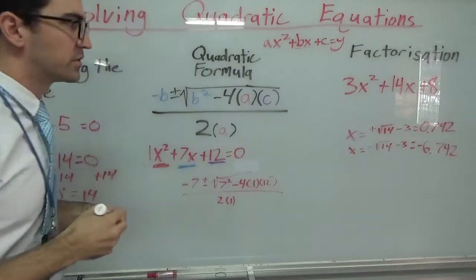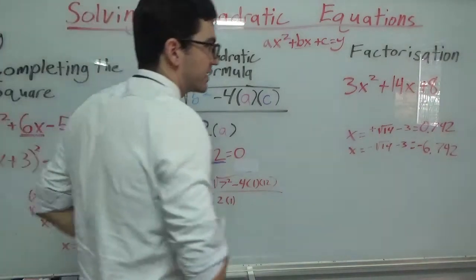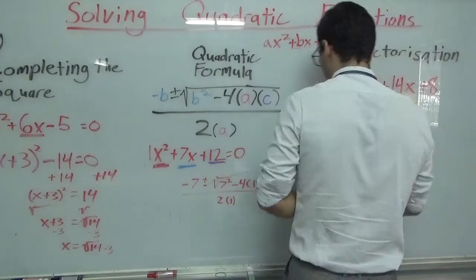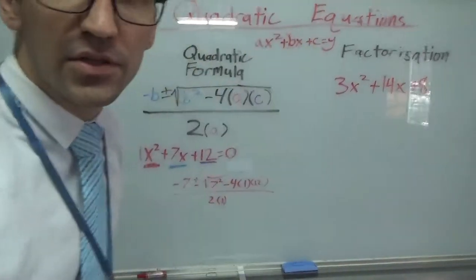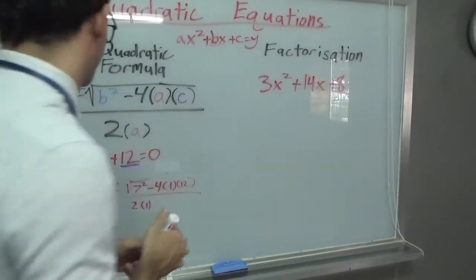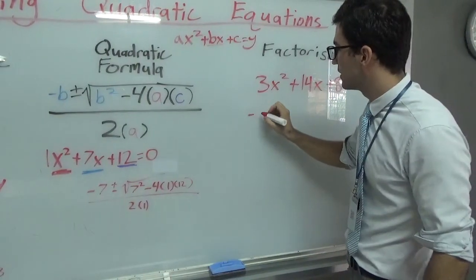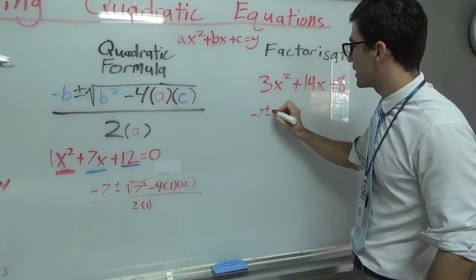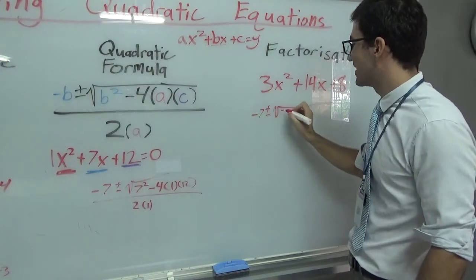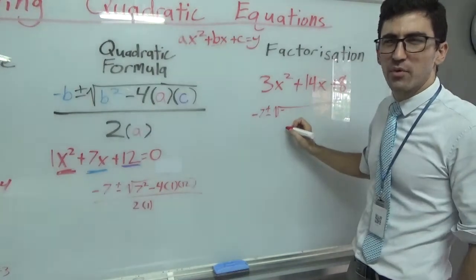Okay, so let me erase our work over here, and let's do this over here. So we've got negative 7 plus or minus the square root of 7 squared, so we're going to turn that into 49.